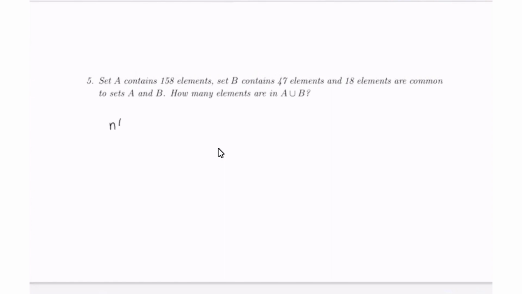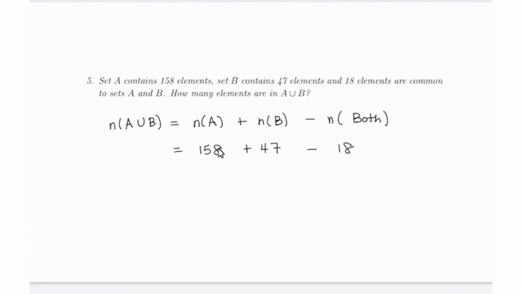The number of elements in A union B is the number of elements in A, plus the number of elements in B, minus the number of elements in both. So how many are they?